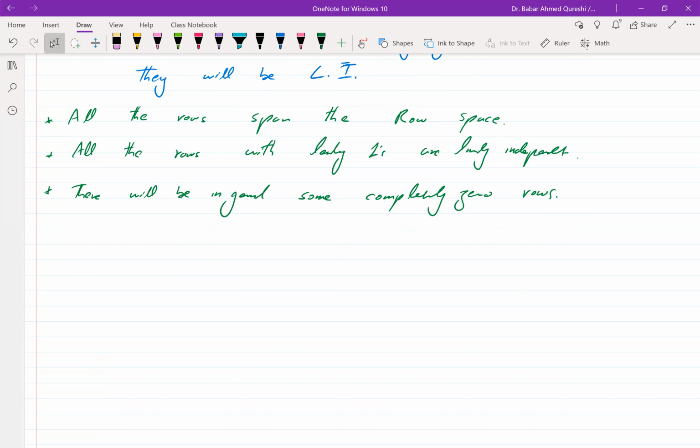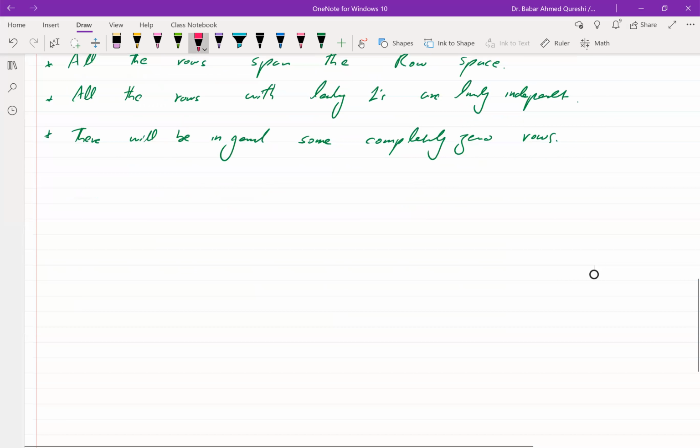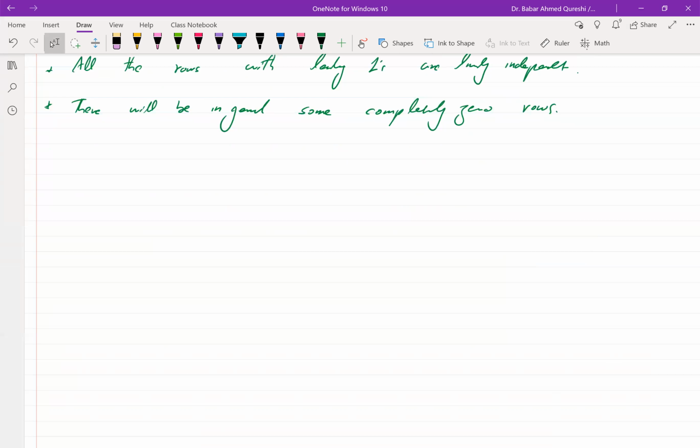In your span, if you add another 0 vector, you multiply it with any constant and add it to the rest of the vectors, it doesn't do anything to that vector. And they do not spoil the linear independence of the rest of the vectors. So they pretty much do not matter at all.